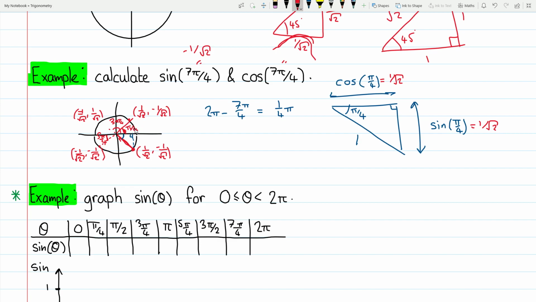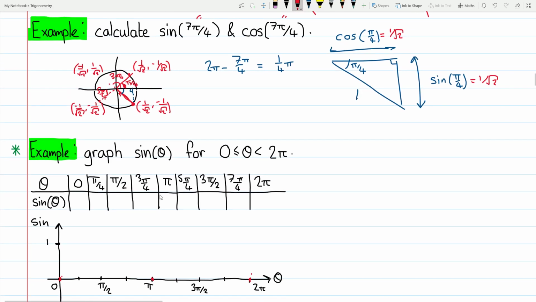But we can also figure out what the other angles are down here in the second question. Notice that at sine equals 0, if we draw the unit circle again, what is the sine of 0? Well, it's the coordinate when your angle is 0. That coordinate lies on the circumference.